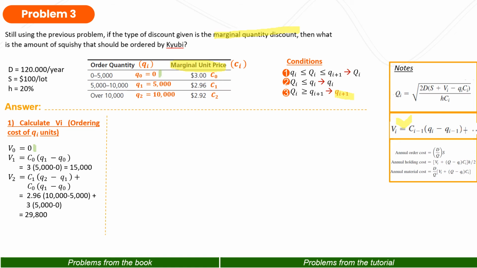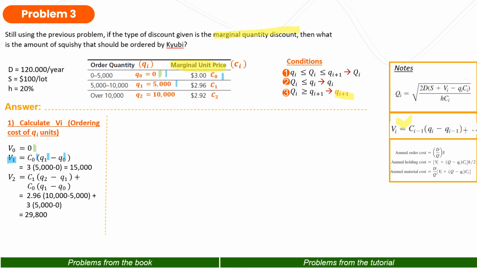And then for the V1, it is the previous cost times the little q1 minus the previous little q, that is q0.